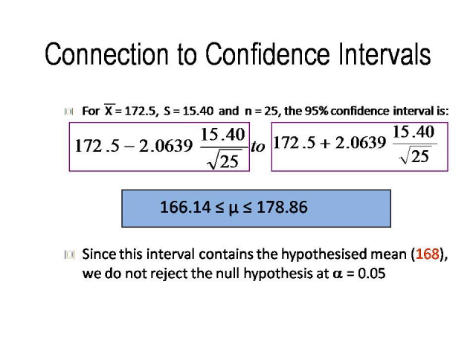You would find that there is, say, a 95% chance that the true mean is between 166 and 178. That includes that 168 that was our null hypothesis. So therefore, we're seeing exactly the same result. And we can do that anytime it's a two-tail hypothesis test. We can compare it to the confidence interval.